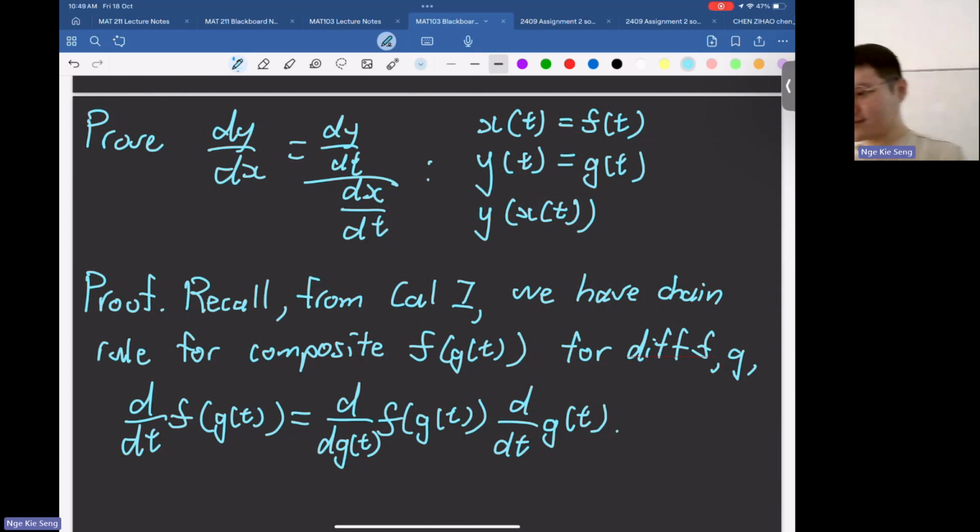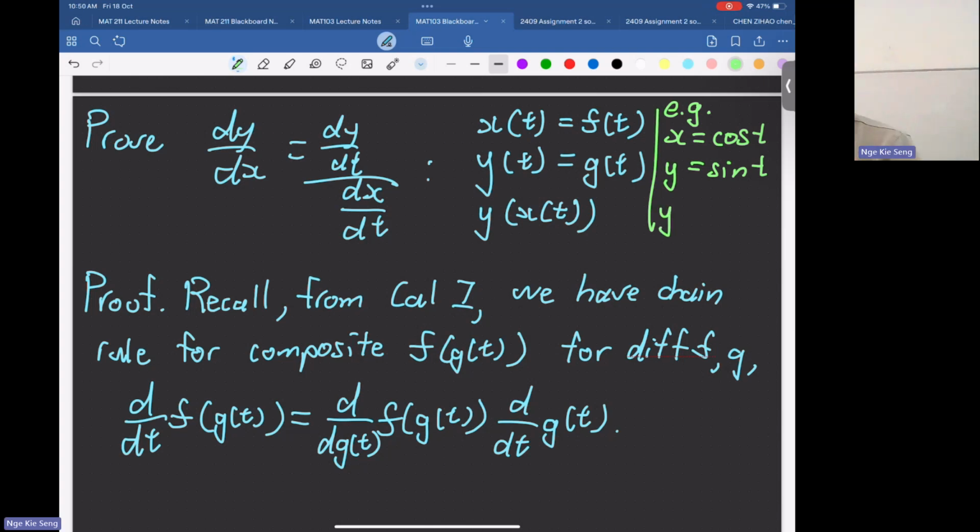Can you remember or not? You should have an example in your mind. Whenever we talk about a random curve, you should have an exact curve in your mind. Let's take x equals cos t, y equals sin t. Then y in terms of x is y equals, for example, square root of 1 minus x squared.